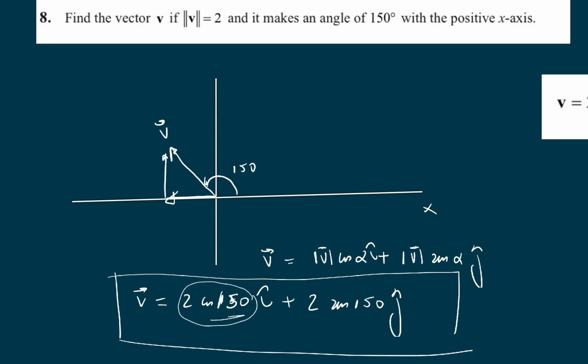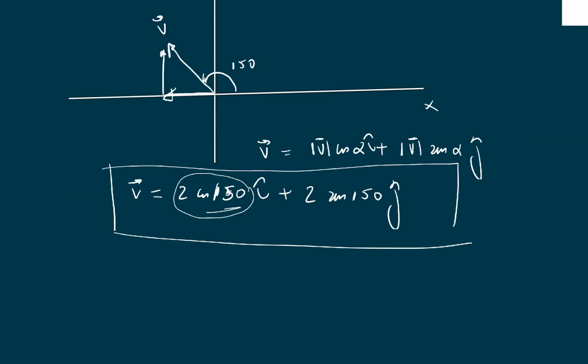So this is the result, and if you want to use your calculator, V will be minus 2 times cosine of 150.